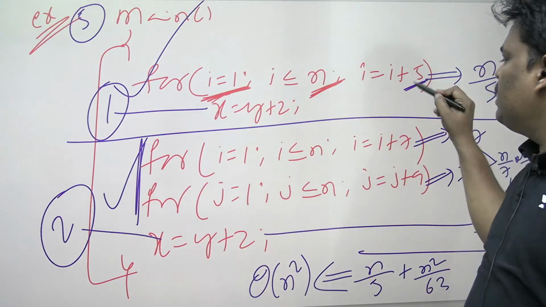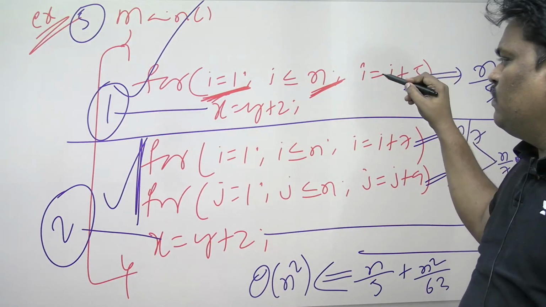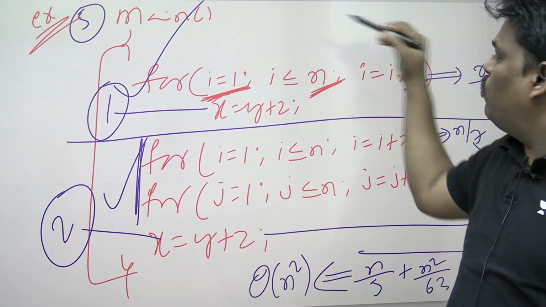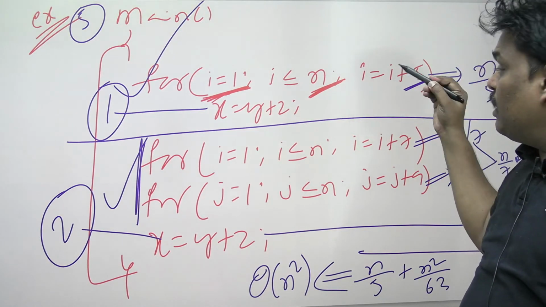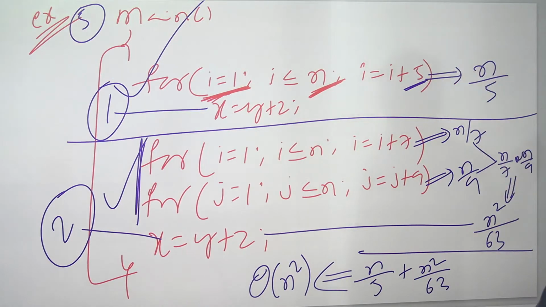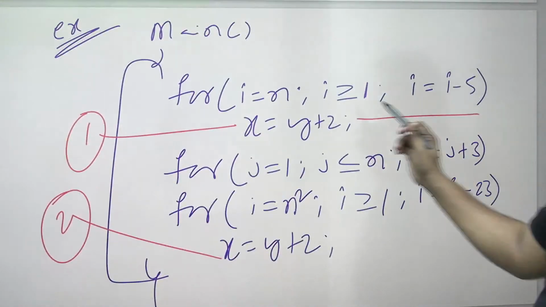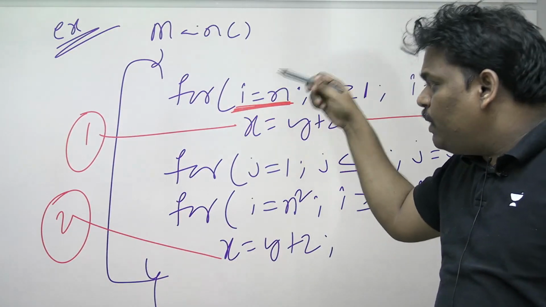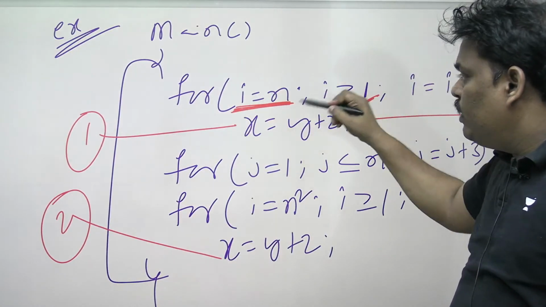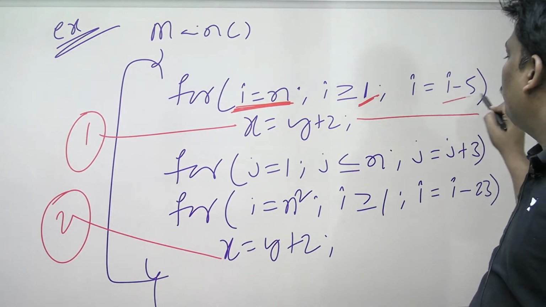At that time it is incrementing by plus 5, because starting from small you have to increment, then only you will reach n. But if you see this one, we start from big. When you start from big, to reach 1, you have to decrement. He is decrementing by minus 5.